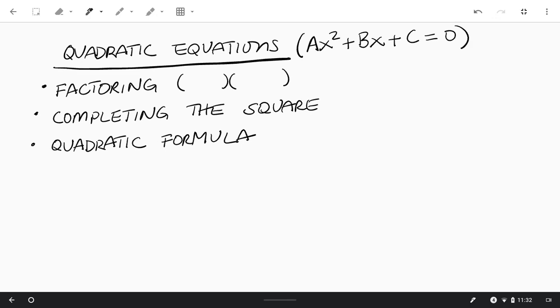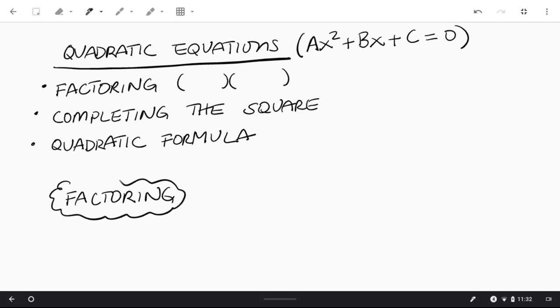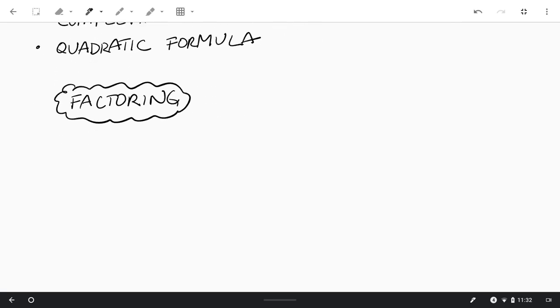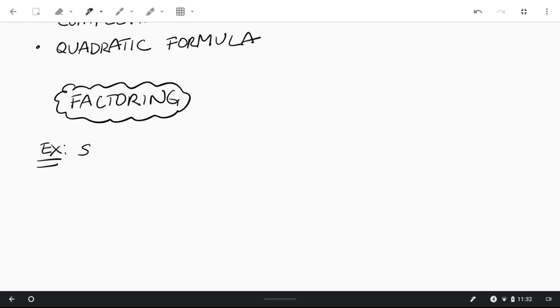Okay, so let's take a look at this one. We'll do factoring first. Okay, so factoring. Let's solve by factoring.